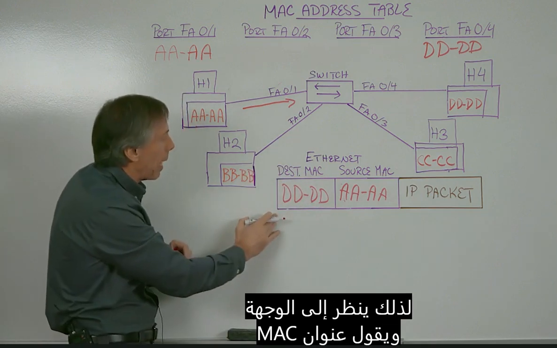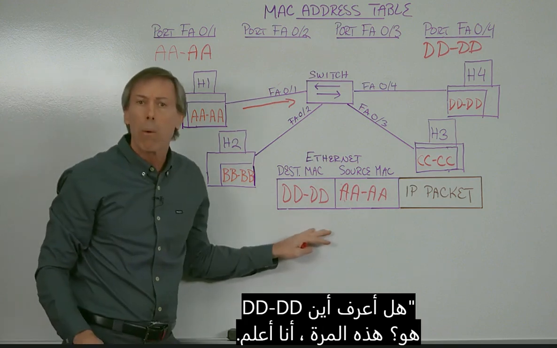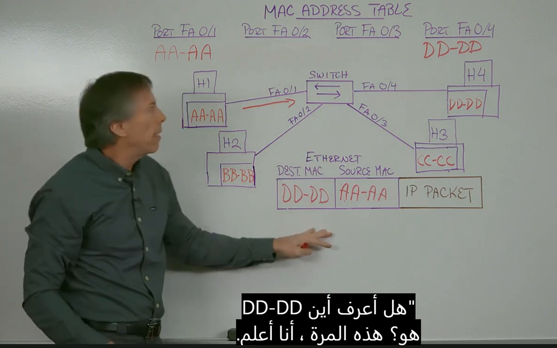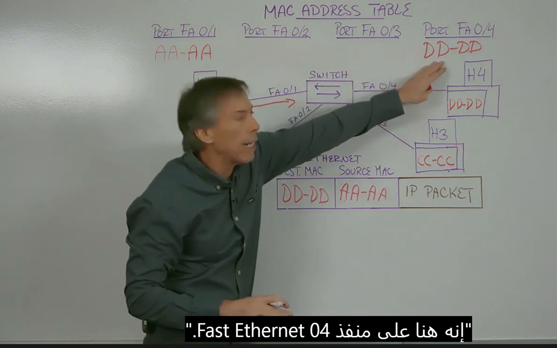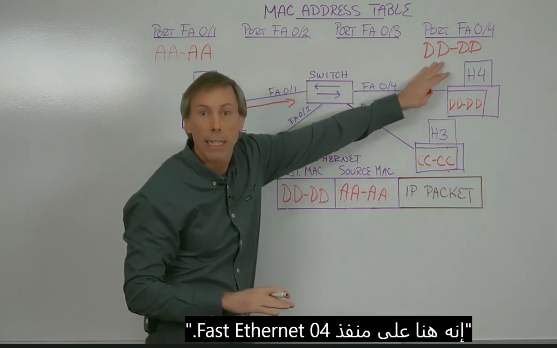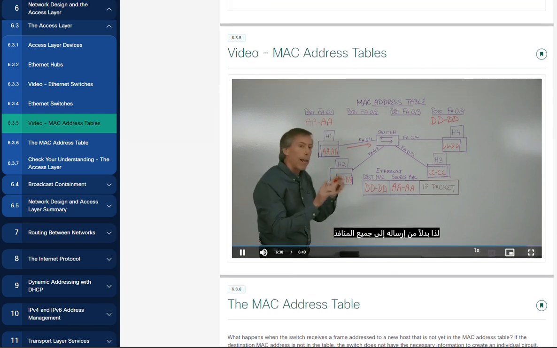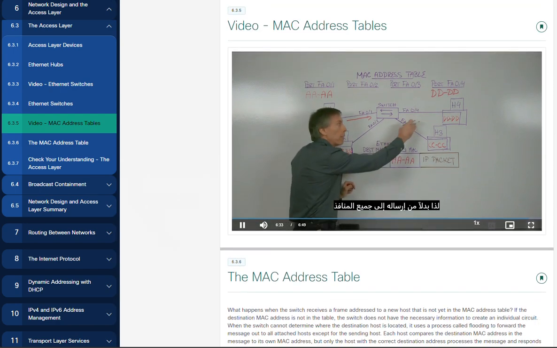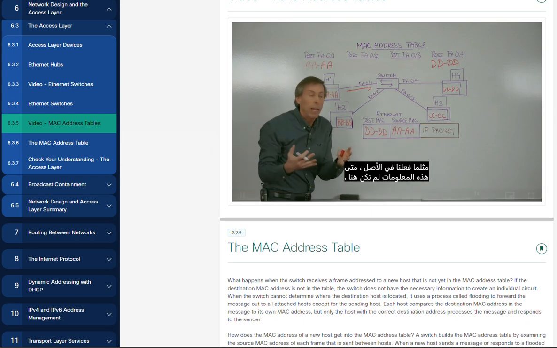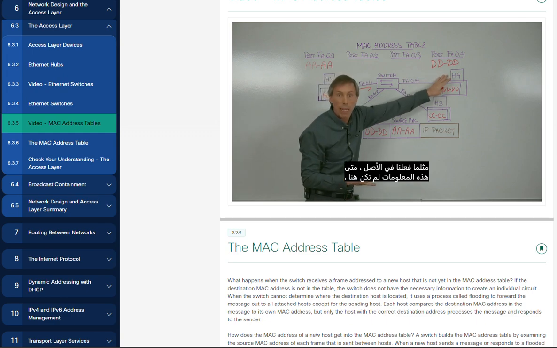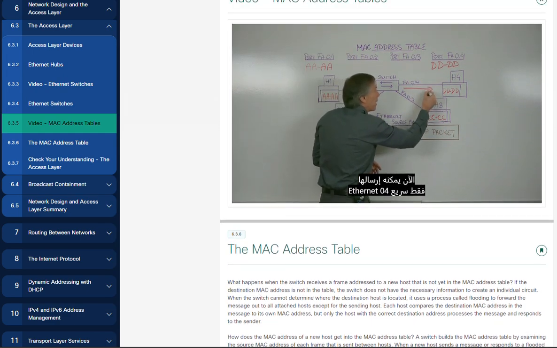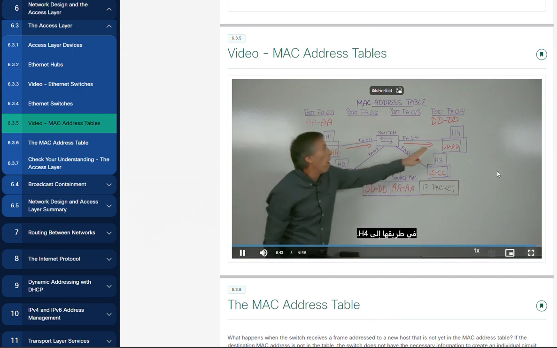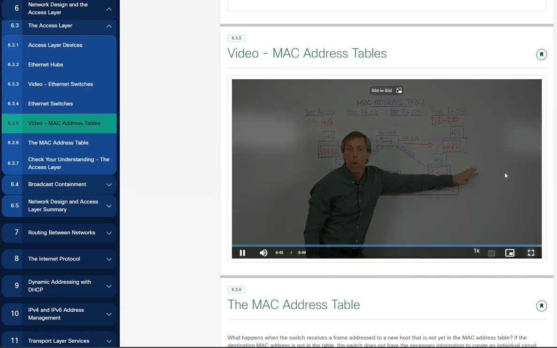So it looks at the destination MAC address, says, do I know where DD:DD is? This time I do know. It's over here on port FastEthernet 0/4. So instead of sending it out all ports like we did originally when this information was not here, now it can send it out just FastEthernet 0/4 on its way to H4.